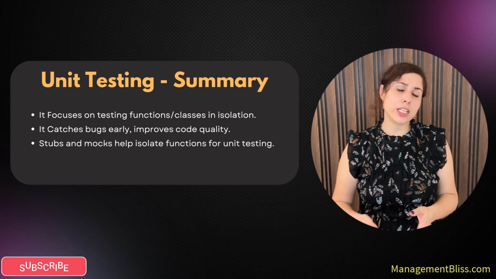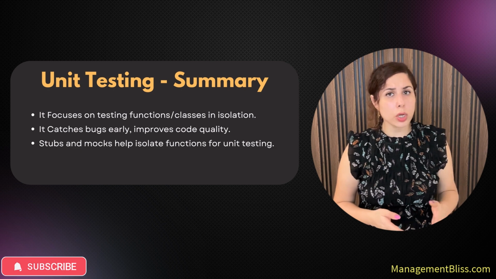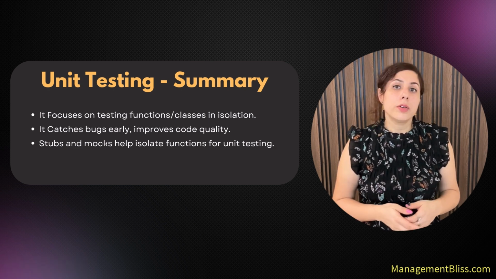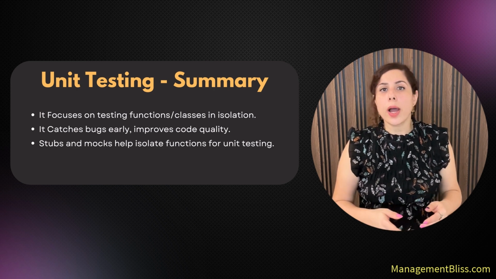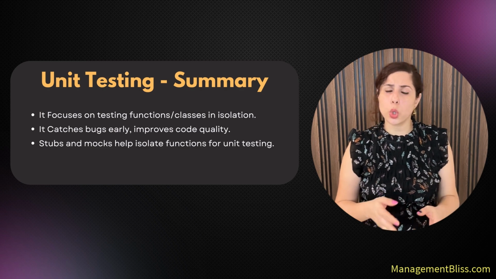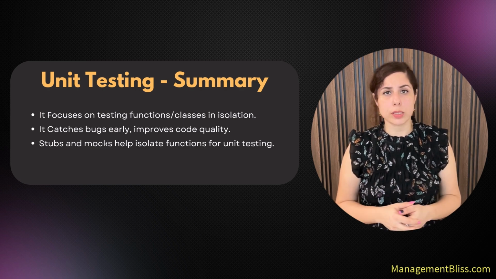It helps catch bugs early, improve code quality, and make refactoring easy. Writing good unit tests requires careful planning and understanding of how to isolate code units using stubs and mocks.